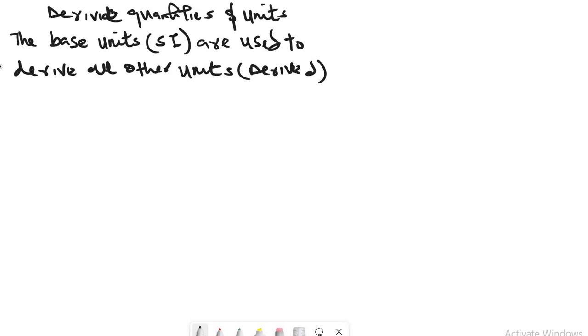So the base units are so called because they cannot be expressed in any more fundamental way.